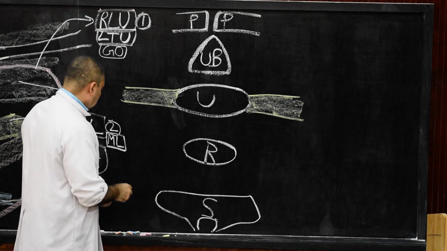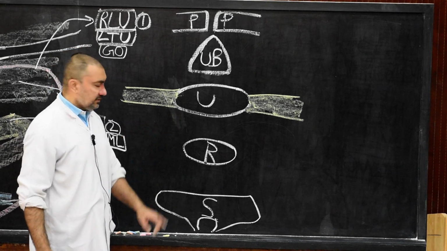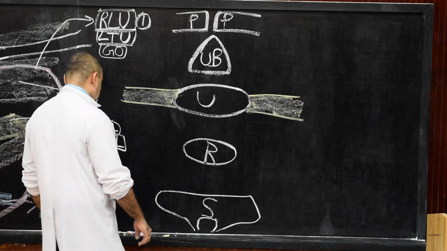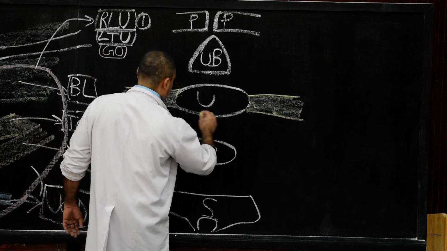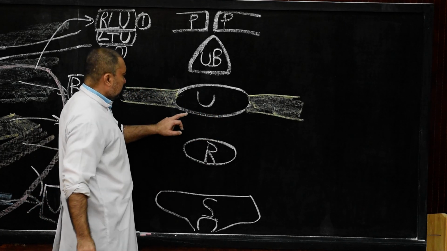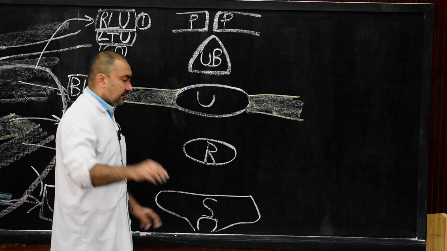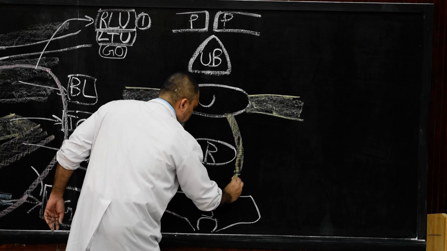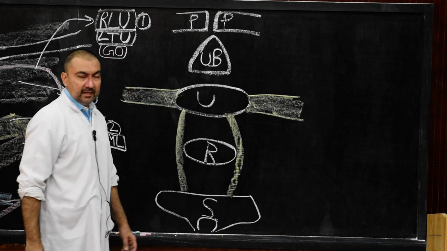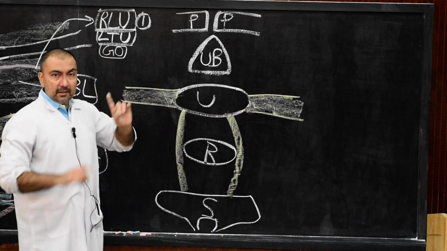Then we are going to show ligament number 3, as I told you previously, the uterosacral ligament. I will show this with yellow color. It will be attached from the posterior side of the cervix to the anterior side of the sacral 3 vertebra. Here we are showing the uterosacral ligament, a pair of uterosacral ligaments, just as there is a pair of transverse cervical ligaments and a pair of round ligaments.